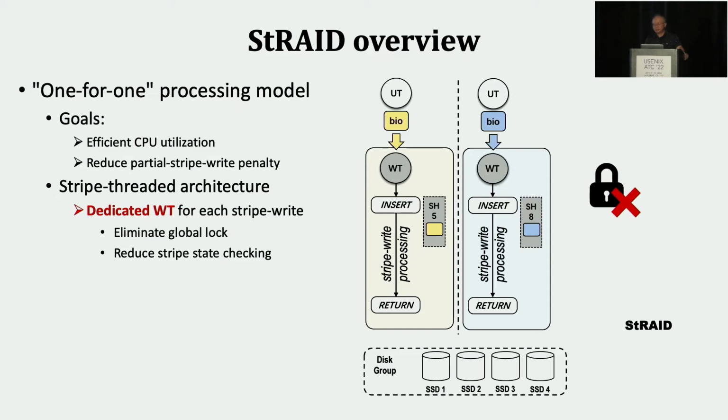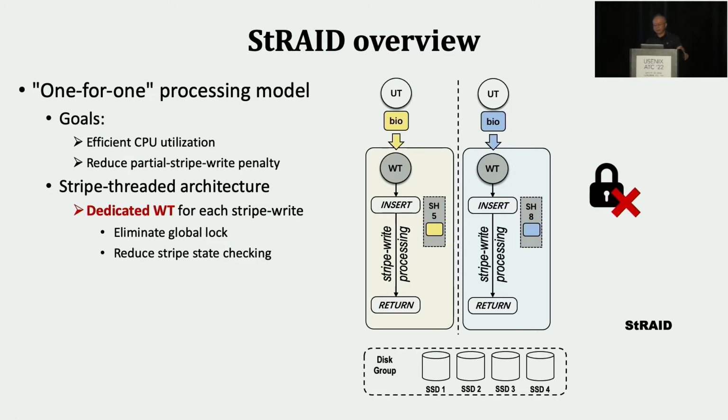To achieve the first goal, StRAID assigns a dedicated worker thread to exclusively handle the corresponding stripe. Multiple worker threads process their own stripes independently, therefore exploiting the intrinsic data parallelism among the stripes.